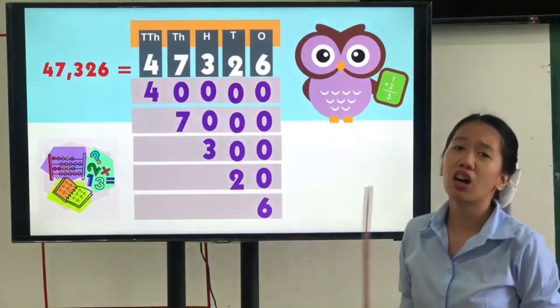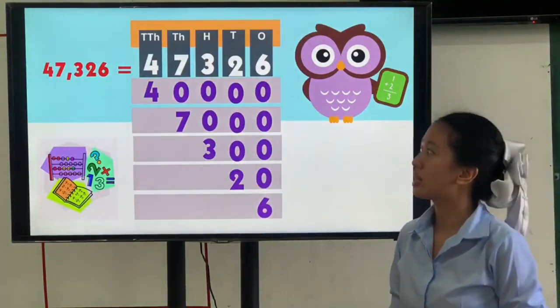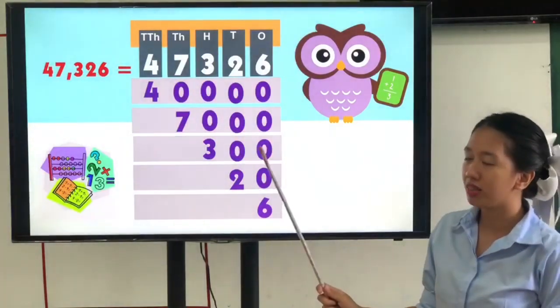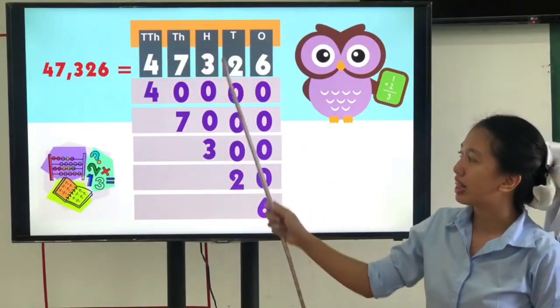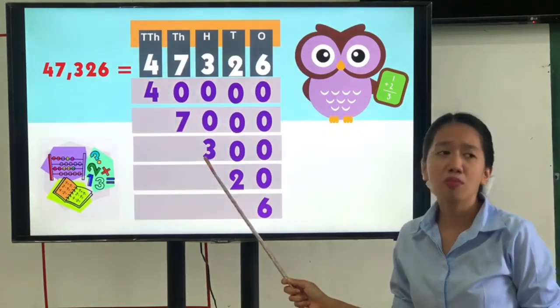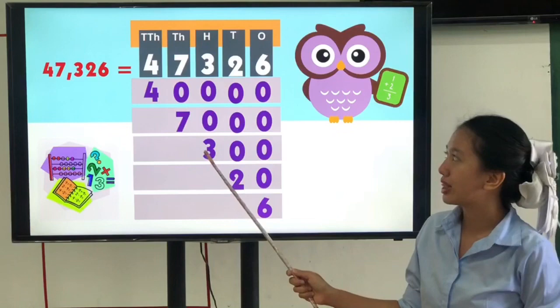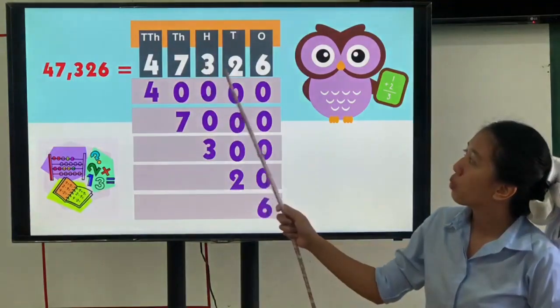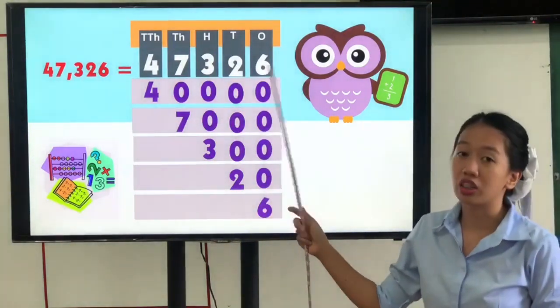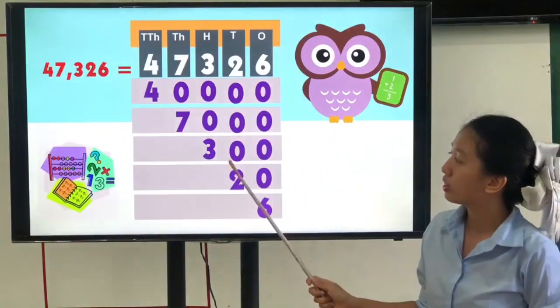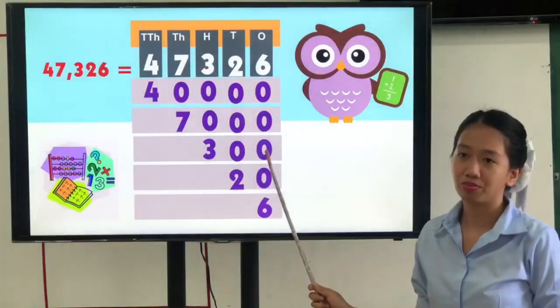Next, let's go to our 100 place. What is the value for our 100? Very good. It is 3. How many zeros does 100 have? Let's count. 1, 2. So there are 2 zeros. Let's put 2 zeros.